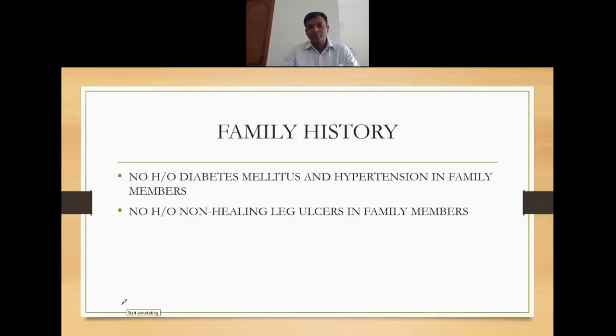But if you want to tell, and you tell there is no history of malignancy or carcinoma related deaths in the family, that would make a better family history, and you can always relate that to non-healing ulcer. I wanted to rule out any genetically transmitted malignancies related to ulcer. Such a thing you can always relate, but this thing you cannot relate back. That's what I want to tell.